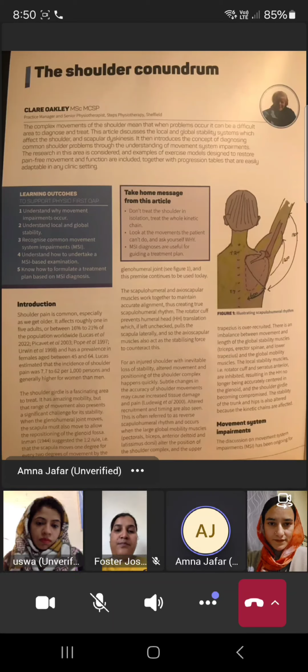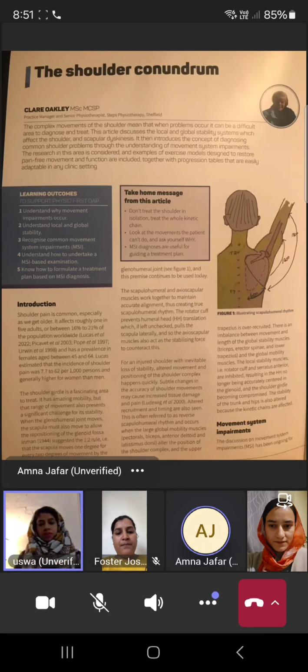Recognize common movement system impairments, known as MSI. Understand how to undertake an MSI based examination. We'll be discussing this shortly and briefly in this CPD module. Then know how to formulate a treatment plan based on MSI diagnosis. That is very important for us.